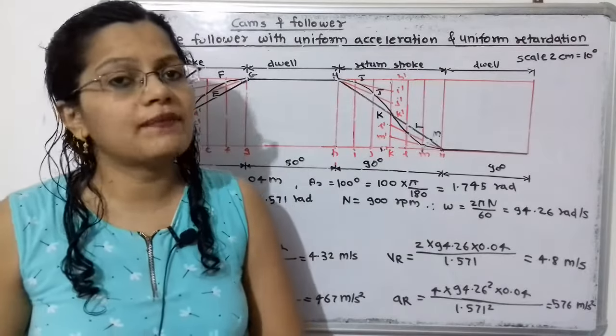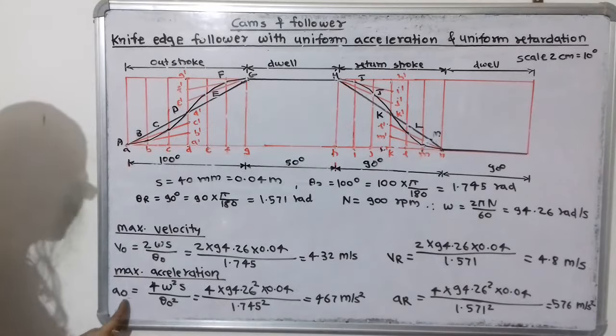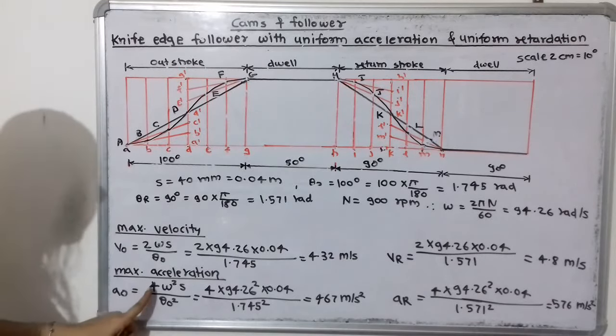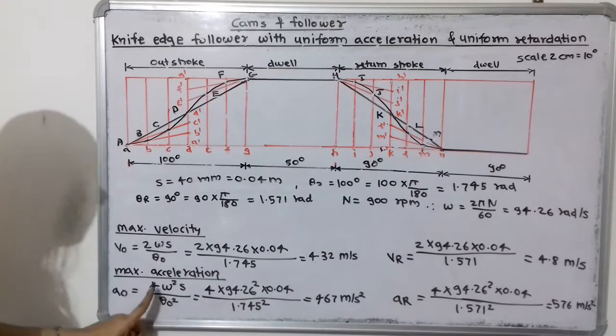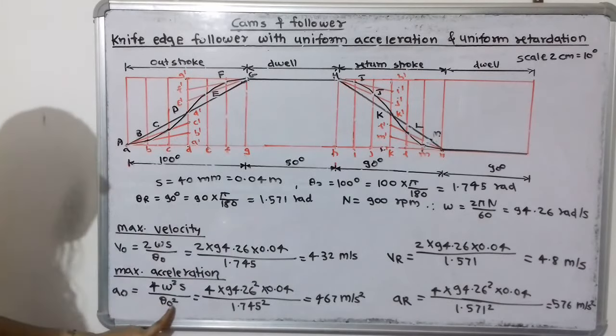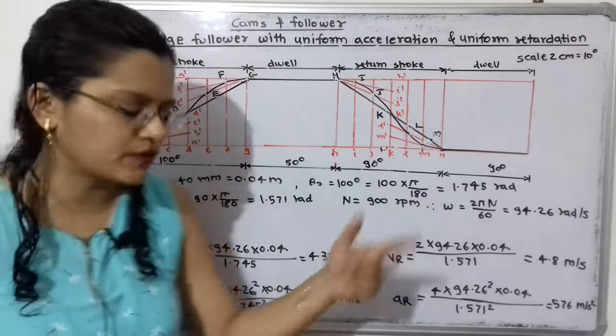Now we will move to the maximum acceleration. During outstroke we use the formula AO, with suffix O for outstroke: 4 omega square s by theta o square. Here omega is calculated, s we take in meters, and theta o is 1.745 squared.